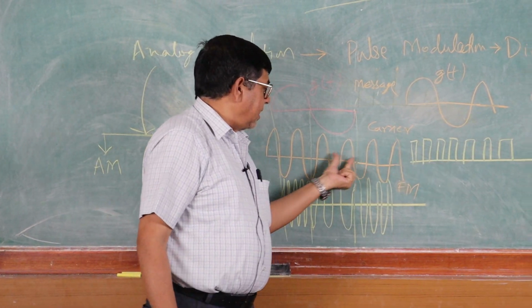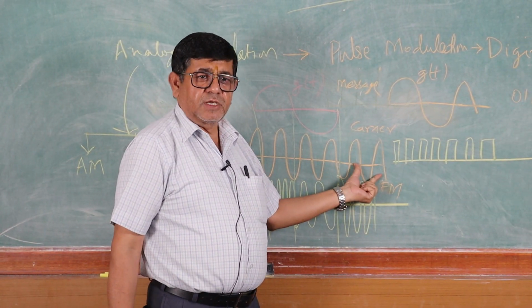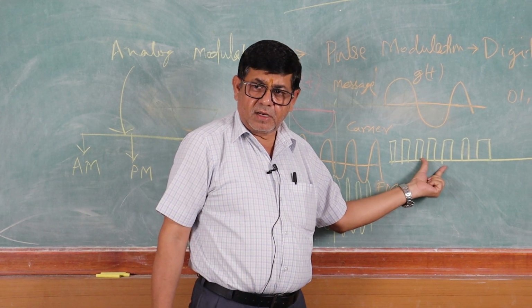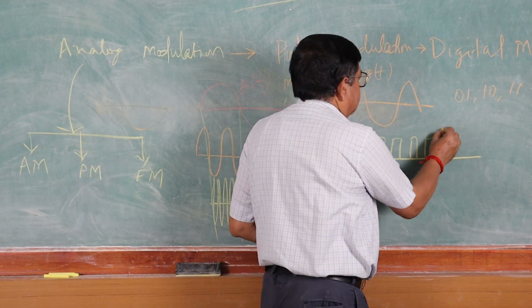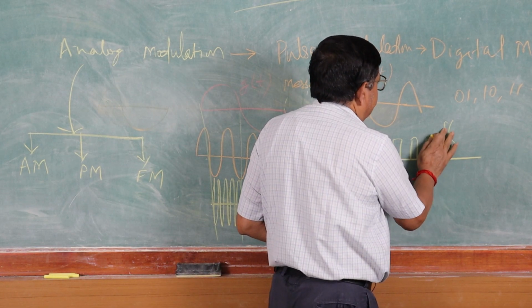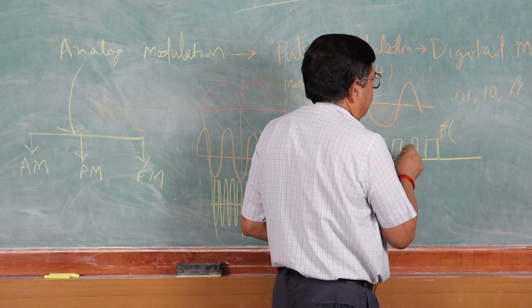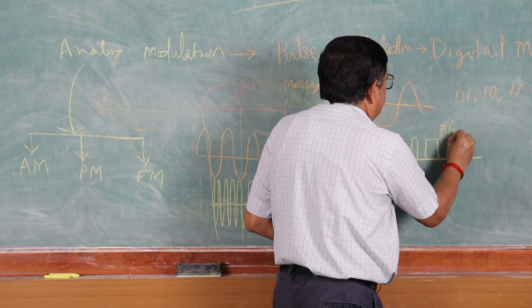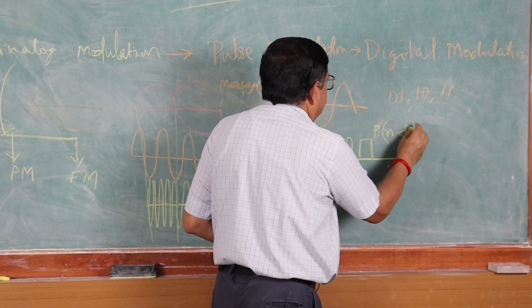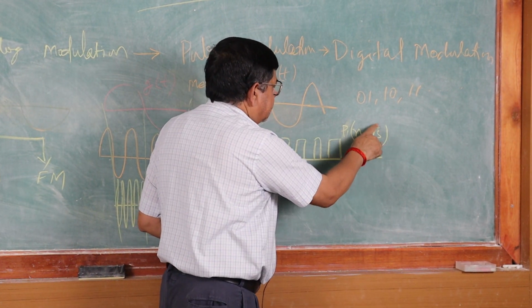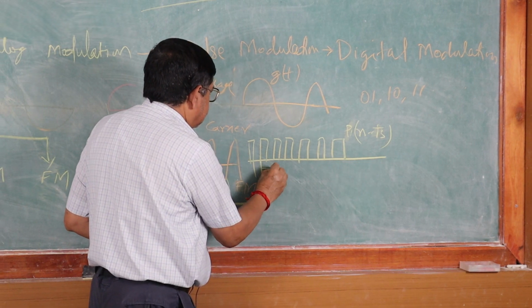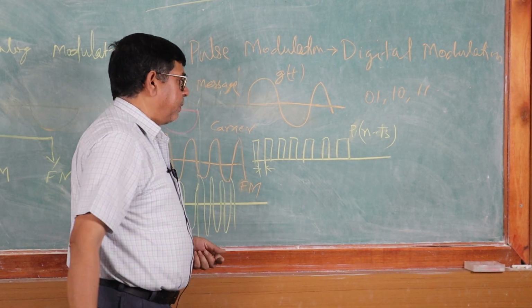Here the carrier is not a continuous time signal, it is a discrete signal in the form of pulse trains. If I write this, it is nothing but p(t), which is the sum of p(t minus nTs), where Ts is the time period between the pulses.